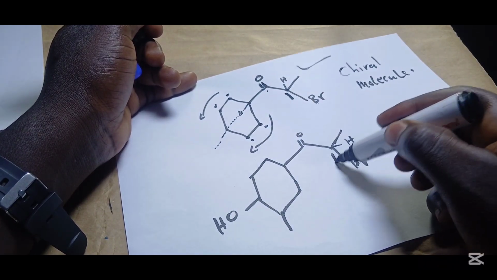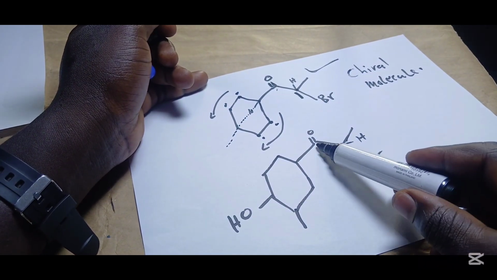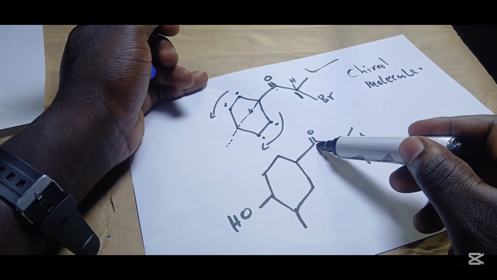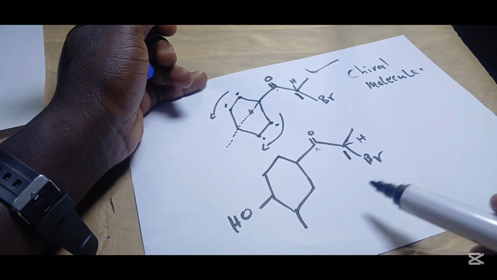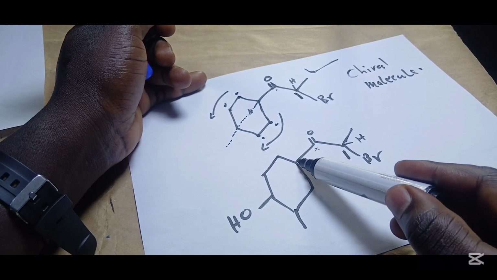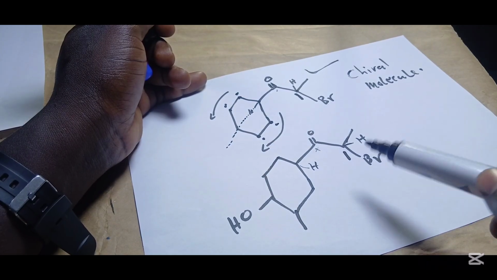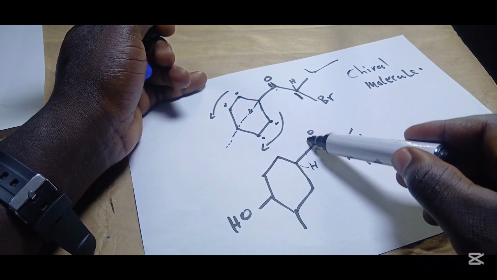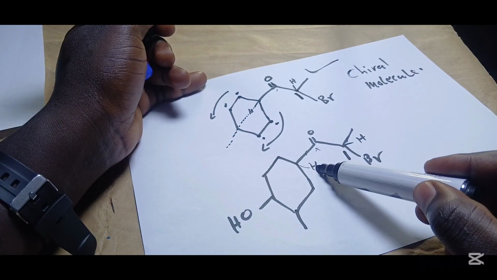So it is chiral, chiral center number 1. Carbonyl carbons are generally not chiral, so this is not a chiral center. And here we have a carbon atom bonded to 4 different groups. So this carbon atom has a substituent here and a hydrogen.